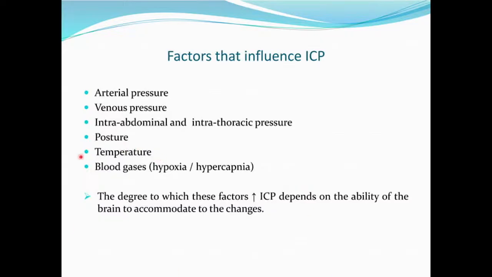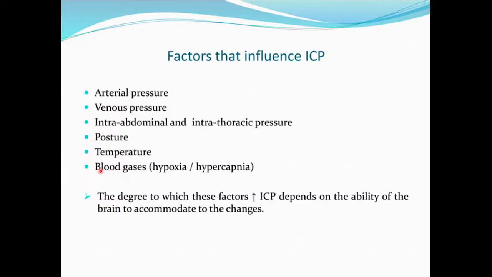The intra-abdominal and intrathoracic pressure indirectly transmit the venous pressure to the cranial cavity through the plexus of veins inside the spinal canal. And posture, as we know, in supine, erect or sitting position, there are changes in the CSF pressure, and then the temperature and the blood gas.